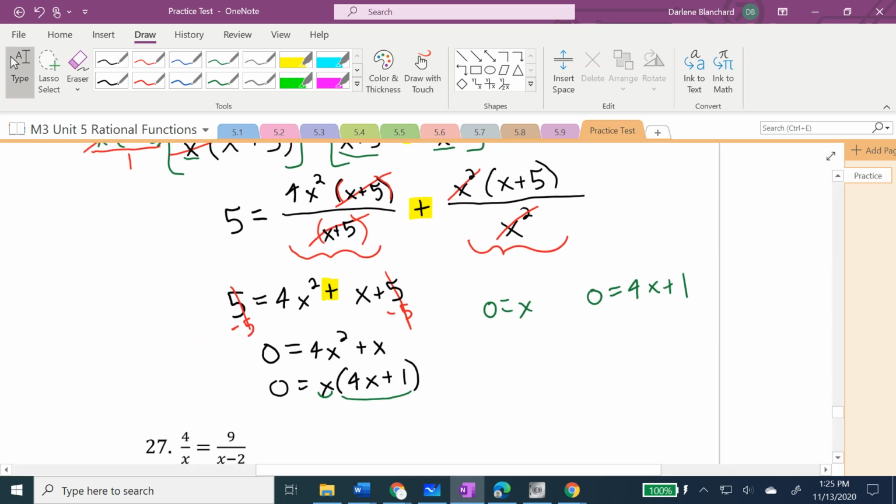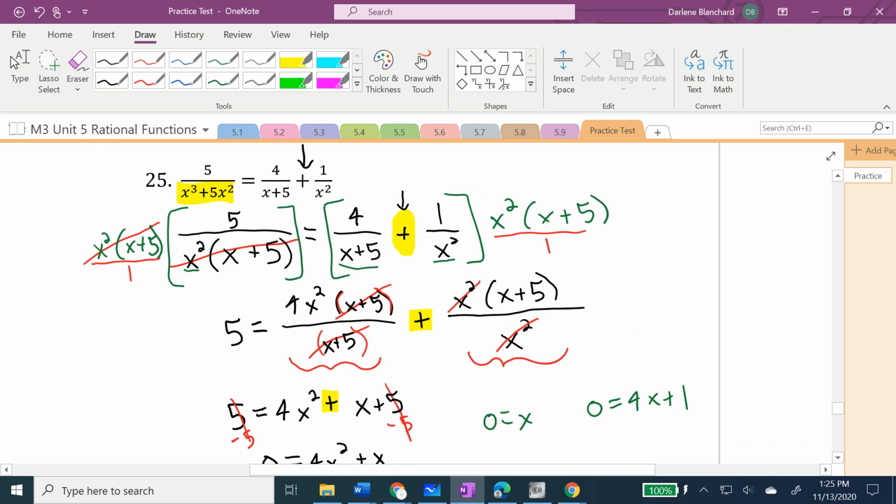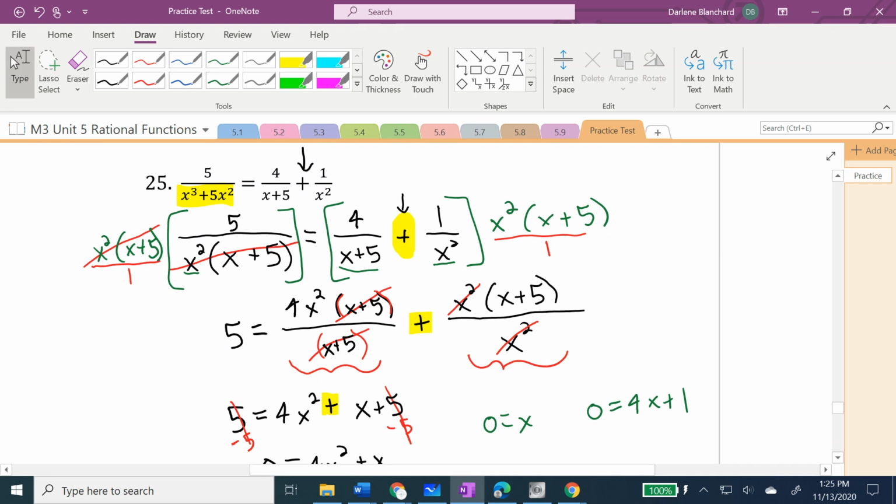And that extraneous check is just look at the original denominators. Anything that makes an original denominator 0, and by original denominator, I am referring to these 3. Anything that makes any of them equal to 0 is not able to be a solution because it's a divided by 0 problem. So that means x equals 0 is not a solution.